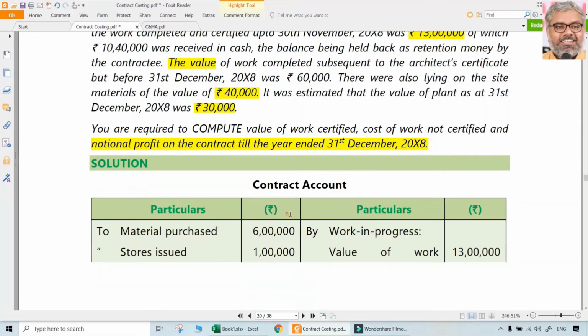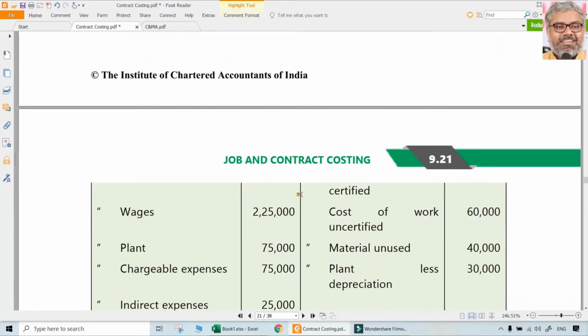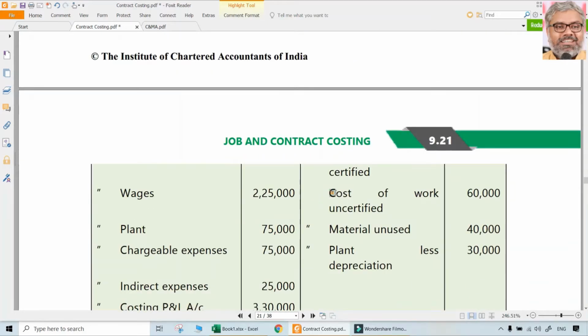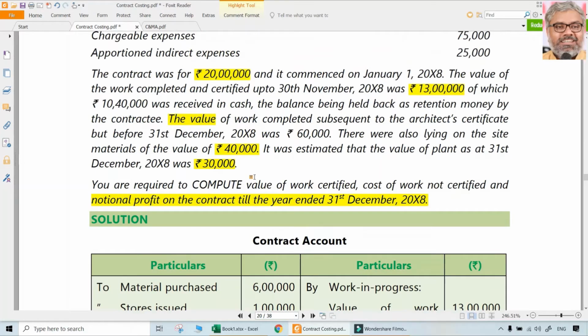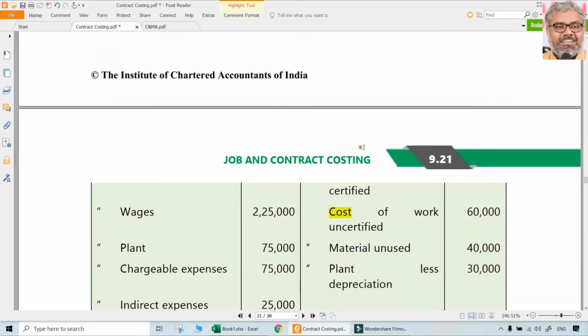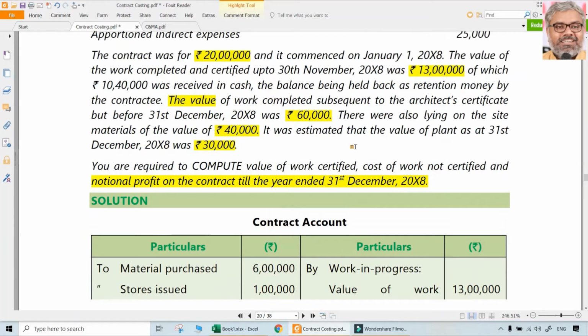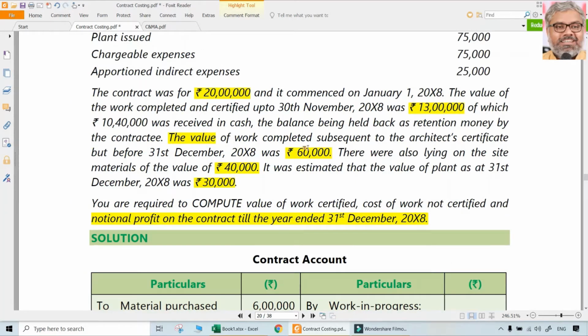But the word used in the question is value. I think that is wrong. They should have given it as cost of the work uncertified only, because this 60,000 cannot be called value. That's a wrong usage. That is taken as cost of the work uncertified only, not value.